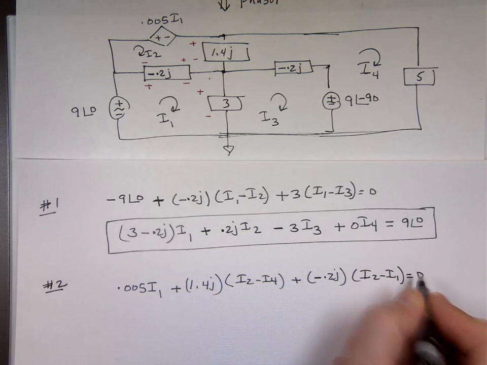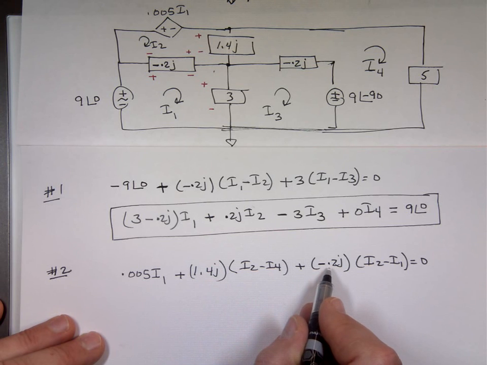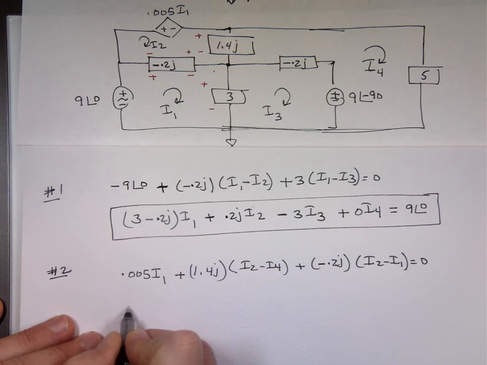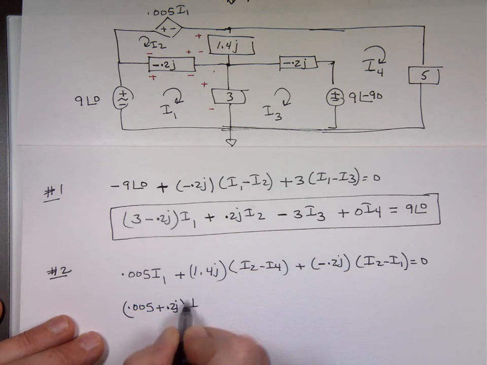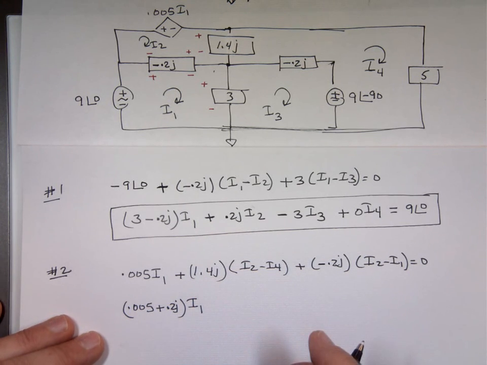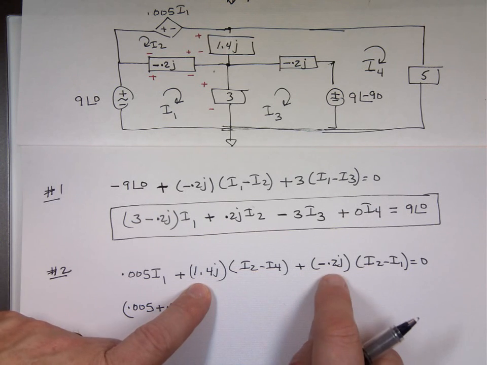Now let's clean it. We put them in order, the I sub 1 first, then the I sub 2, then the I sub 3s. So I have negative 0.2, so this is 0.005 plus 0.2J I sub 1. What do we have for I sub 2? I got these two, right? 1.4 minus 0.2.